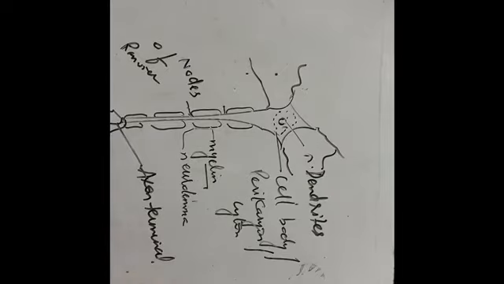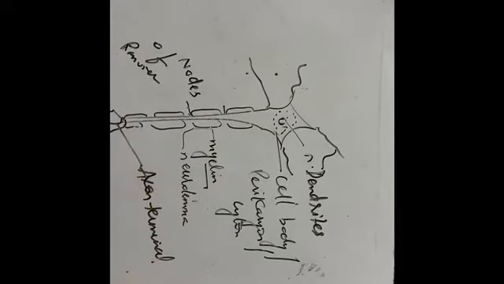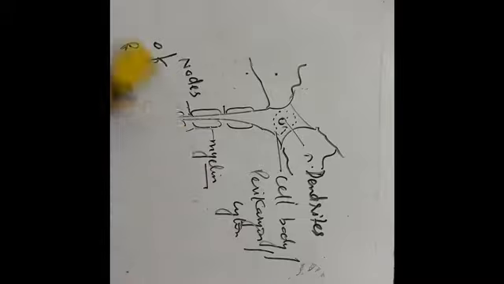Okay, this is about the neurons and their structure. And mind one thing, there is not only one neuron present in your nervous system, there are millions of them, and one neuron is further linked to another neuron, but two neurons never join one another.